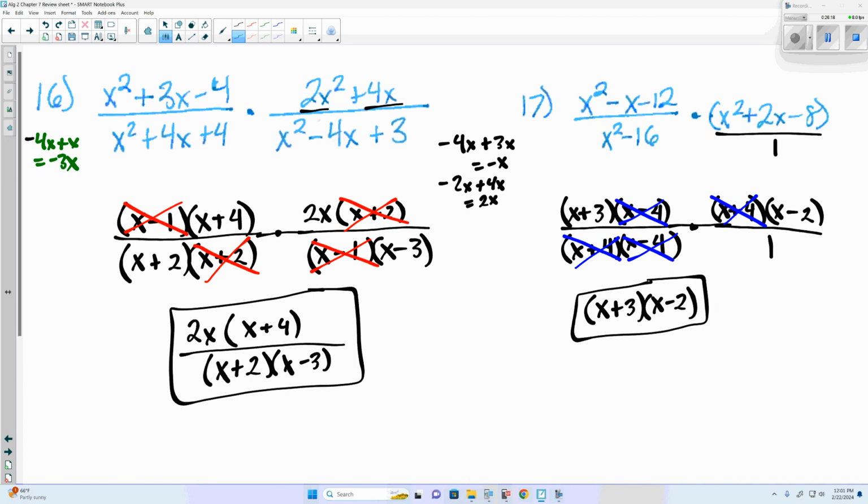Now if the denominator reduces to 1, simplifies out completely, we don't have to write it. But if the numerator simplifies out completely, we do have to write that 1. We have to write the 1 when the numerator simplifies but the denominator doesn't. And we do not have to write the 1 if the denominator simplifies out and the numerator doesn't. But if everything simplifies out, it reduces to 1.